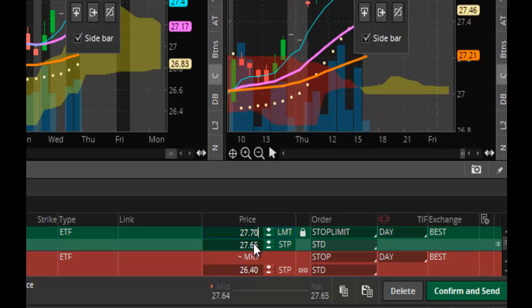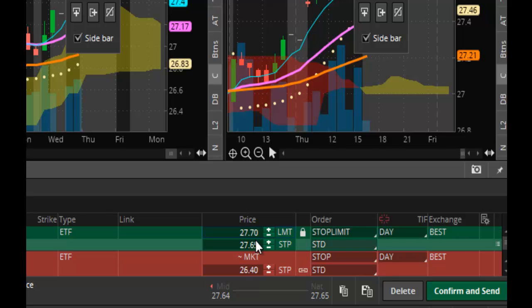It needs to trade at 27.65 before it triggers this order. So let's say tomorrow it opens at 27.64, and then it rallies $4 or $5 throughout the day. Once it hits 27.65, it triggers this stop. Remember, stops become market orders once the price is touched. This is still going to become a market order, but within a limit.